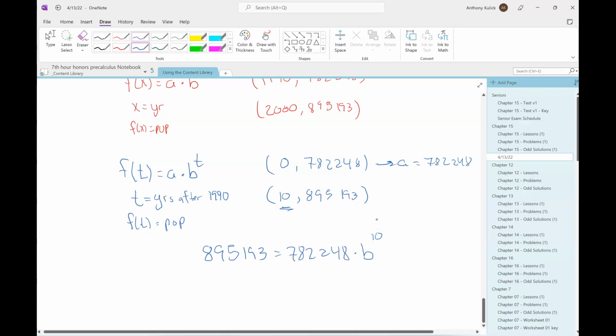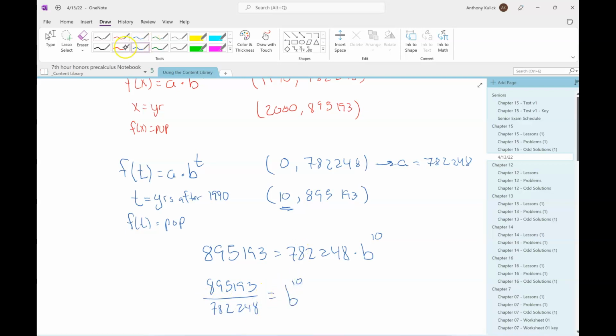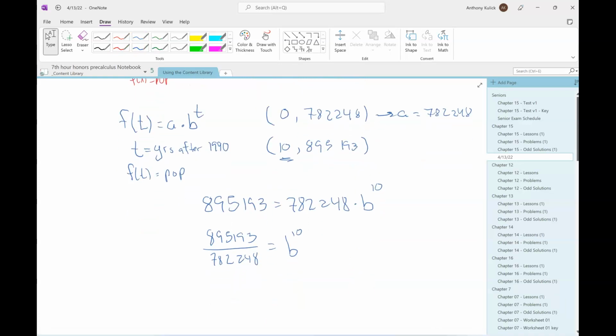Yeah, divide by the 782,000, right? Very good. Okay, and then how do I get rid of the exponent 10? Not a log, the 10th root.